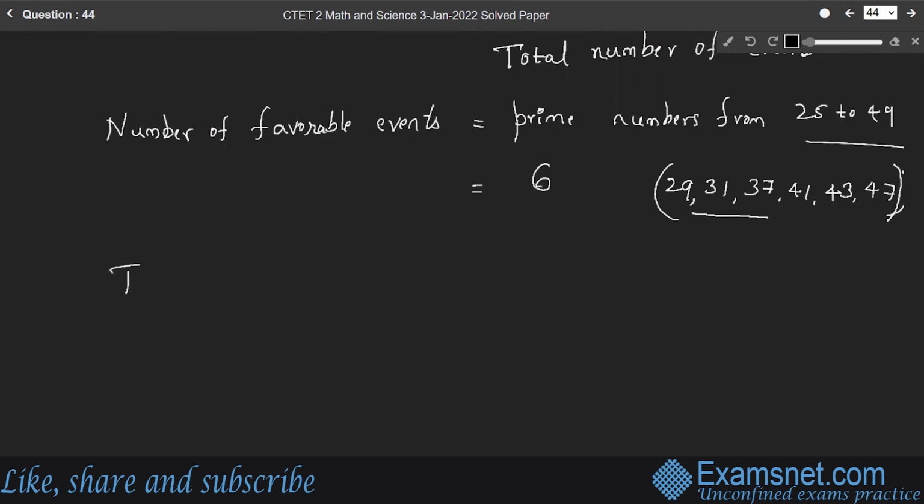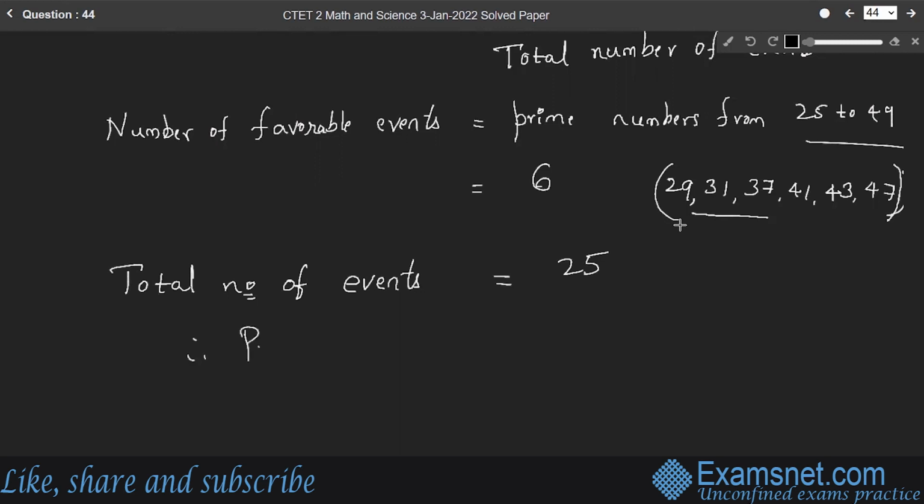So then the total number of events is equal to the numbers from 25 to 49, that is 25. 25, 26, 27, 28, like that, up to 49, right?